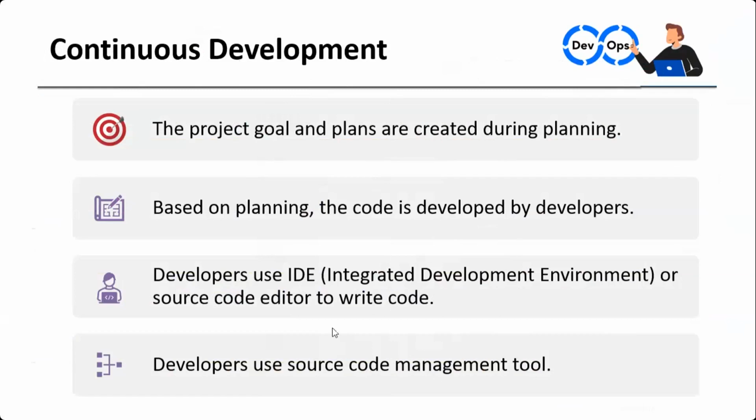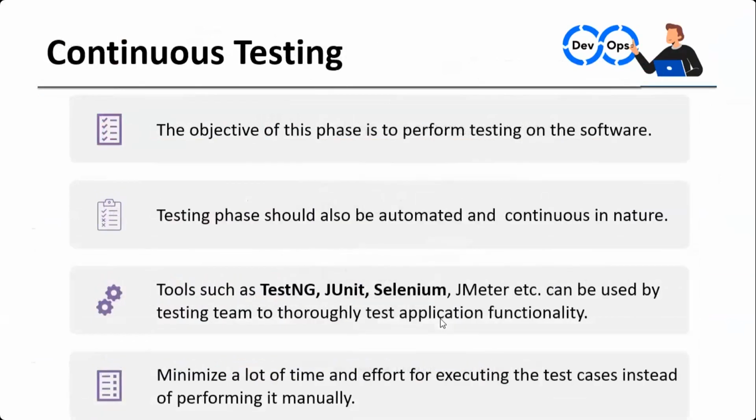And next, okay, goes to continuous testing. This second phase in the DevOps lifecycle aims to ensure software quality through ongoing and automated testing practices.